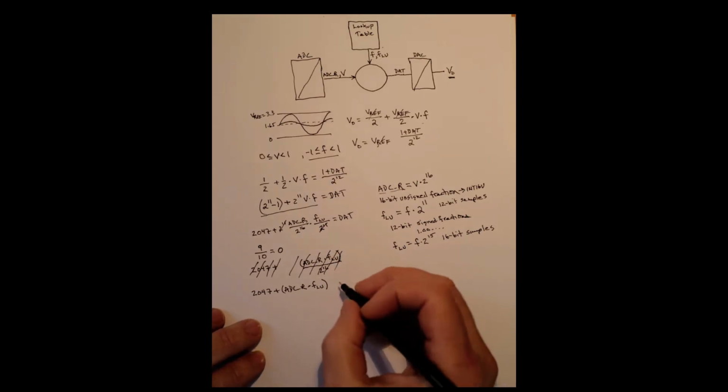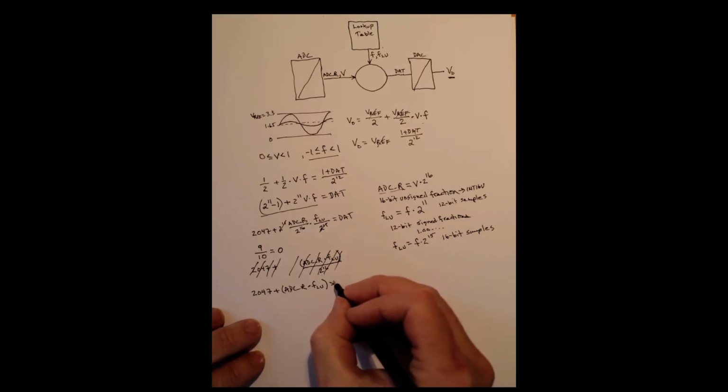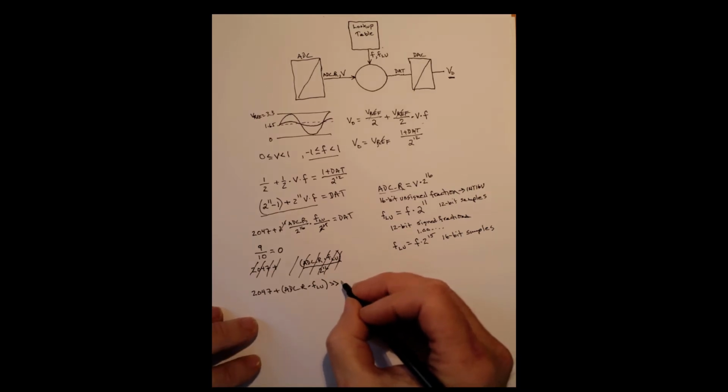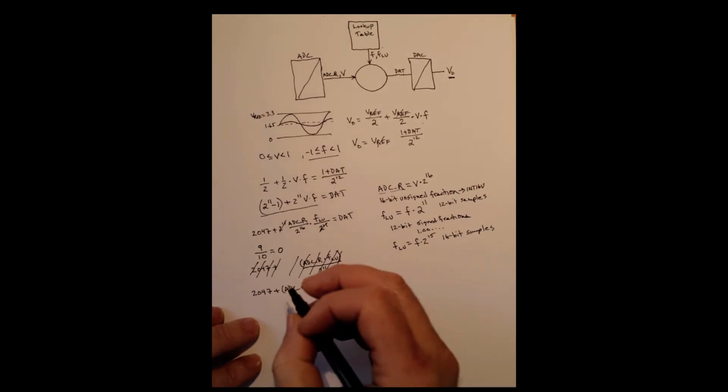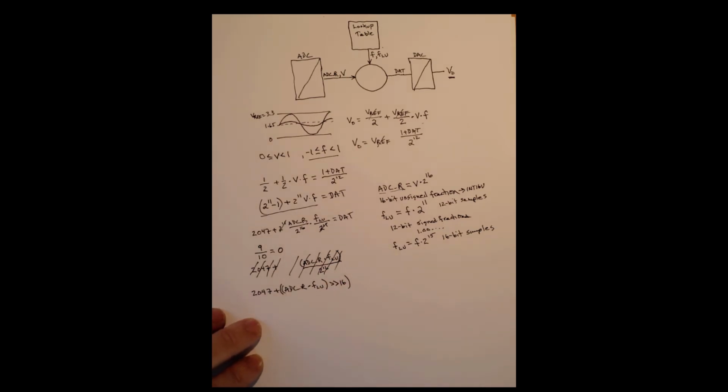Remember what that is. That's simply shifting right 16 times. Okay? So notice the parentheses here. We always want to do this multiplication first before we do this shifting.